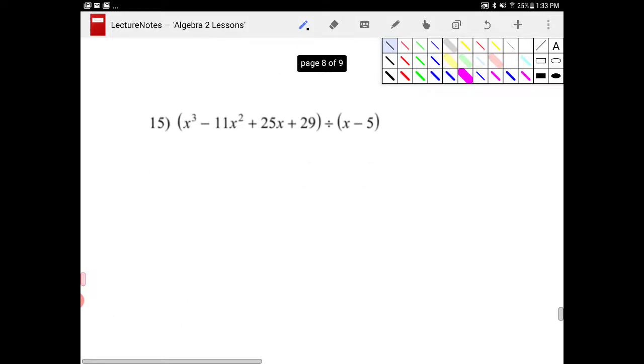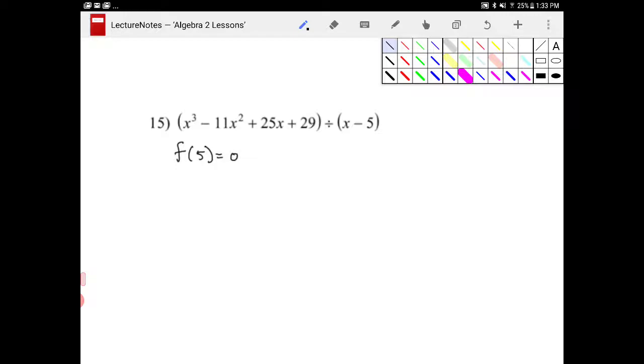Or alternatively, I can just substitute it into the graphing calculator and evaluate it, depending on the situation here. All right, so let's take a look. If I substitute in, let's call the numerator f. So f of 5. If this equals 0, then x minus 5 will be a factor. Let's see if this is really indeed the case or not.